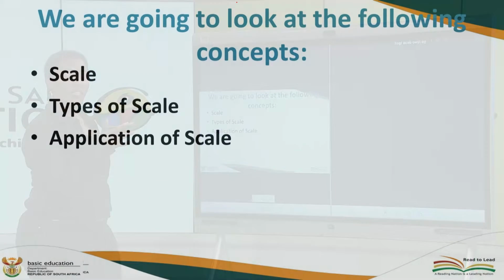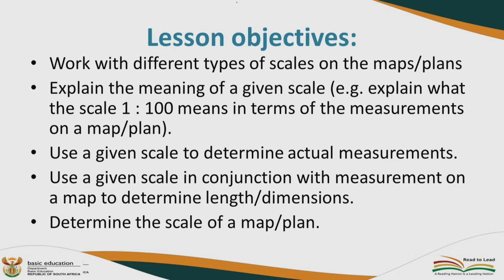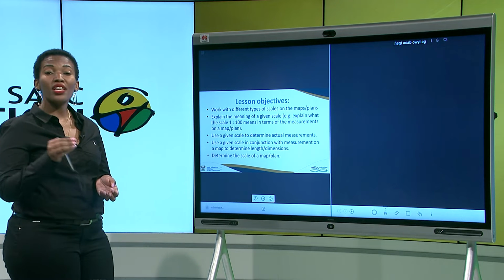Now, under this section of maps, plans, and other representation, our main focus is going to be on scale, the types of scale, and the application of scale. Our lesson objectives. By the end of today's lesson, we should be able to work with different types of scales. We should be able to explain the meaning of the given scale.